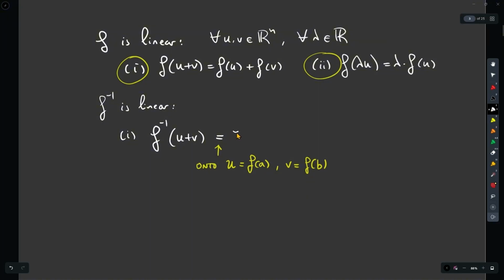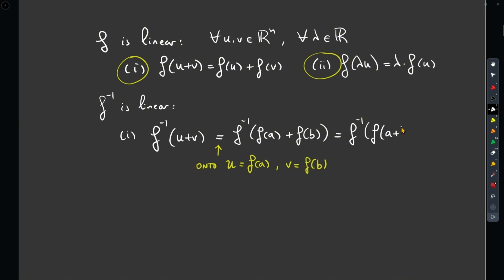Then I can substitute those: u is f of a, and v is f of b. Now, f itself is linear, so I can use linearity on these two elements to write this as f inverse of f of a plus b. And here I am using that f itself is linear.